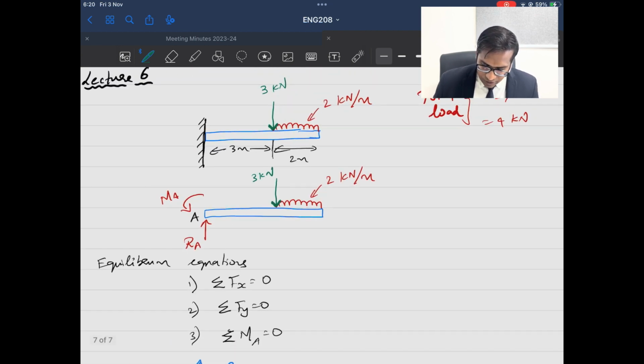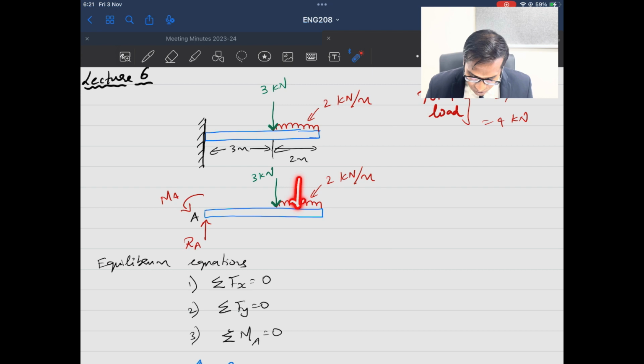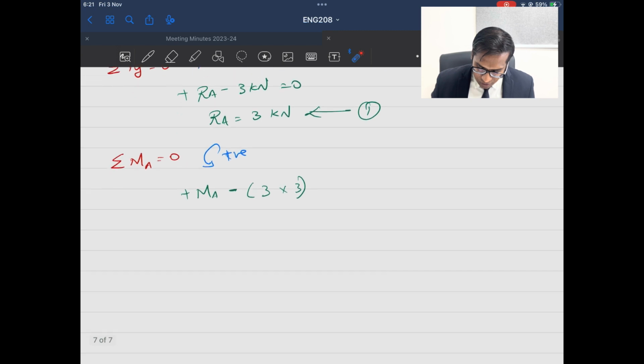Now the other force which is acting is the uniformly distributed load. The total load is 4 kilonewton, and the equivalent point load will be acting exactly at the half. It is running over 2 meter length, so exactly at the half means 1 meter either side. So the distance from A is 3 plus 1, so it will be 4.